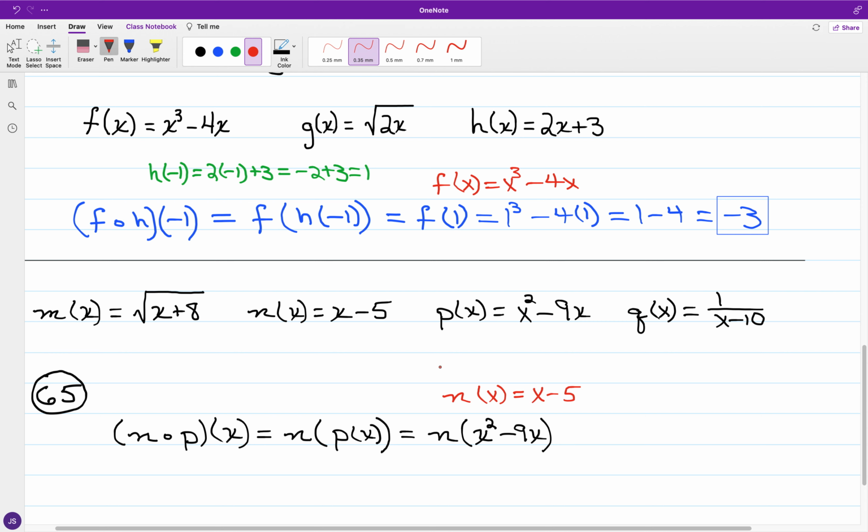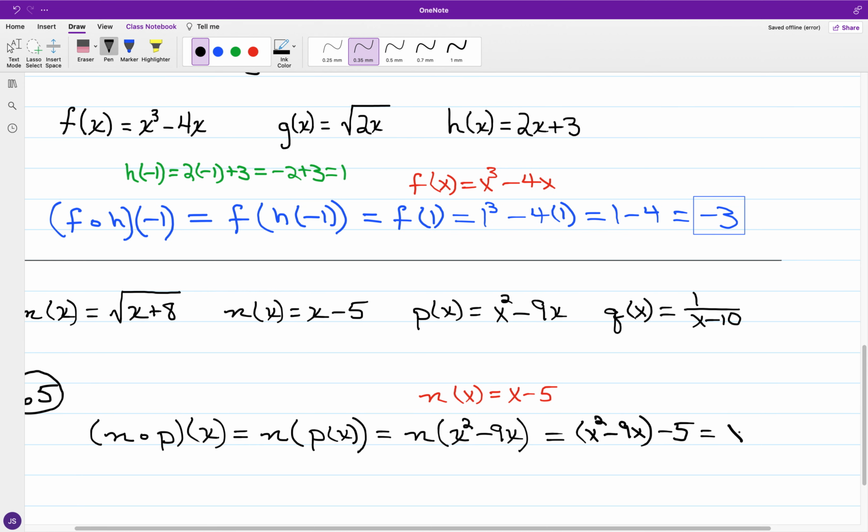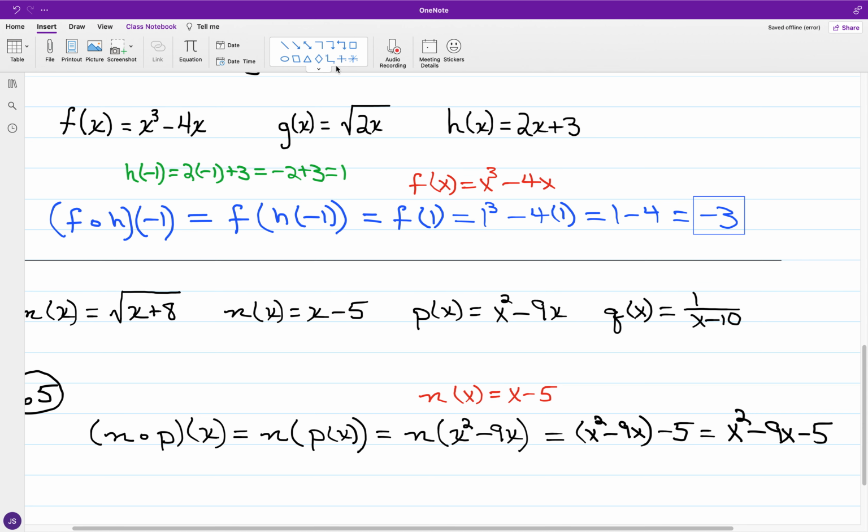Working with p of x, x squared minus 9x, the input minus 5, it's not x minus 5, but instead we have x squared minus 9x followed by the subtraction of 5. Once I remove the parentheses, no sign change, no like terms to combine, so here we have x squared minus 9x minus 5.